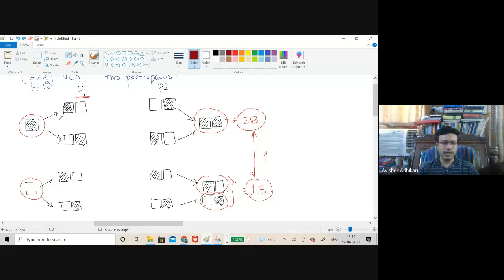Okay. So you can understand that at each level, there are 2 ways. For a black pixel, you have 2 ways. For a white pixel, you have 2 ways. Suppose in the original secret image, the first pixel is a black pixel. So what will the dealer do?